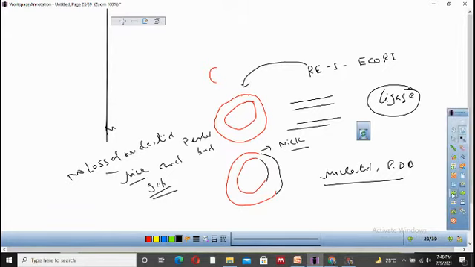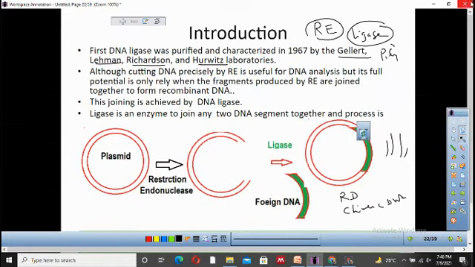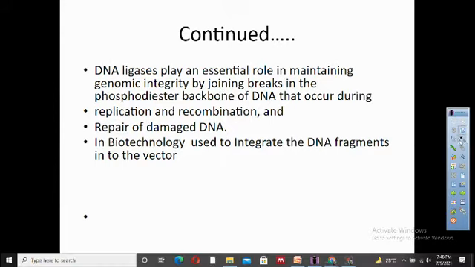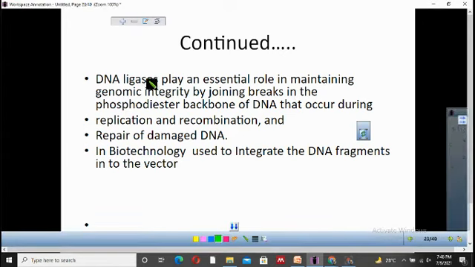So this DNA ligase plays a very important role in maintaining genomic integrity by joining the breaks in the phosphodiester backbone of the DNA during replication and during recombination also.